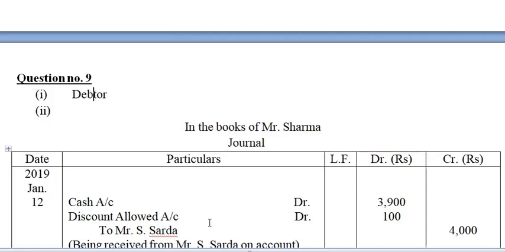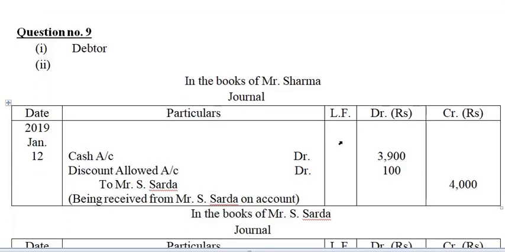But if this BD or BF is towards the credit side, it will be the creditor. Okay, balance is in the debit side, debtor. Balance is in the credit side, creditor. Okay, debit side, debtor, credit side, creditor. Okay, it is very simple. So it is a debtor. So we have to answer in one word.